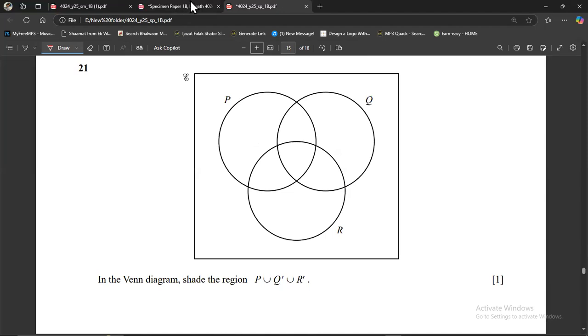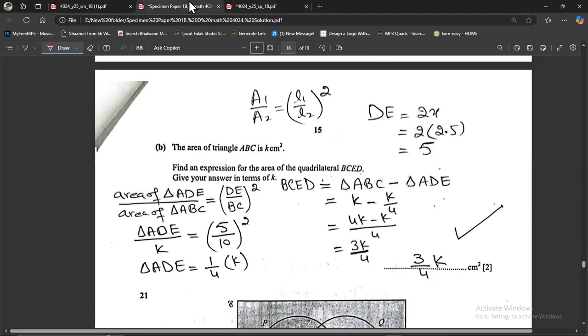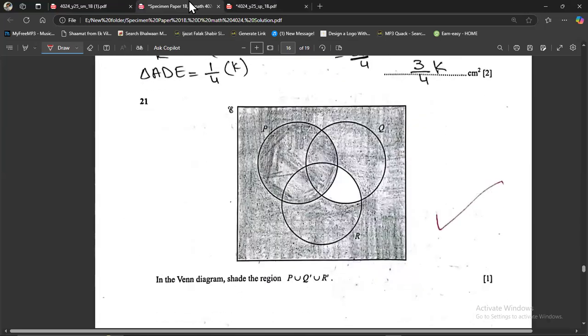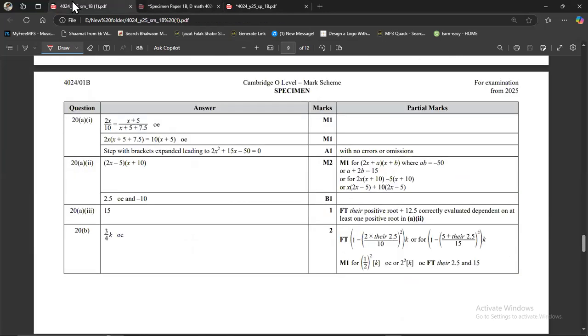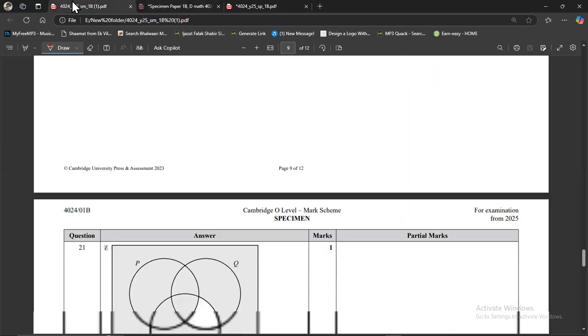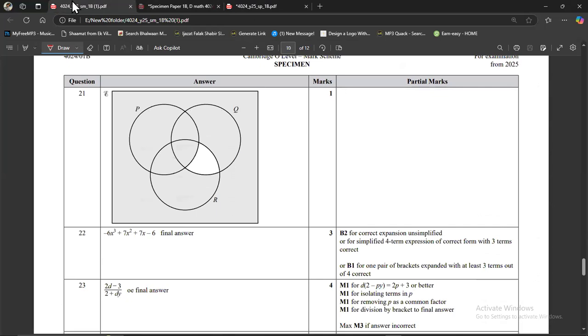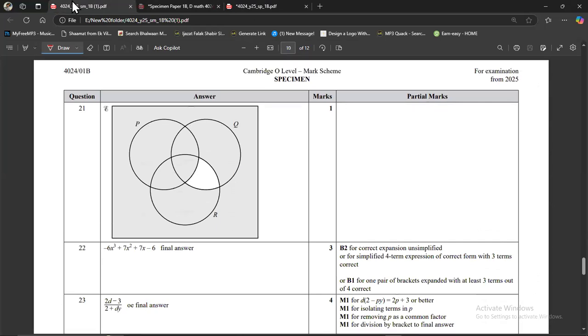So when you will union them, you will get this shape. All the area outside the Q is shaded, all the area outside the R is shaded, and the whole circle of the P is also shaded. So this is how this will be shaded. This is question number 21, and I hope you understand.